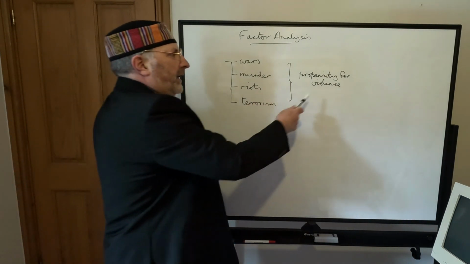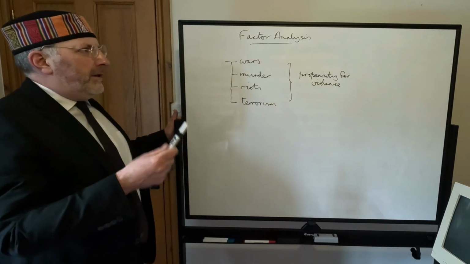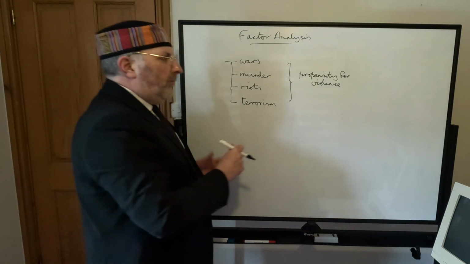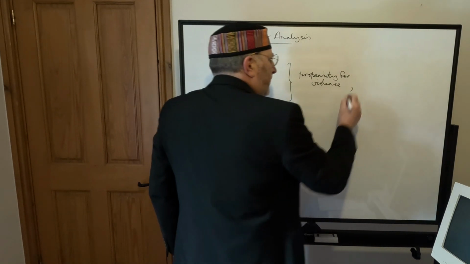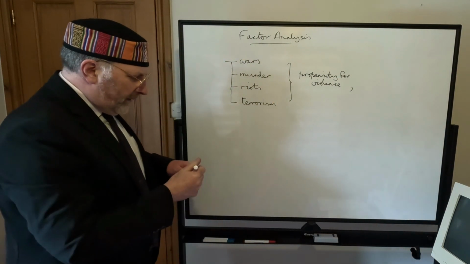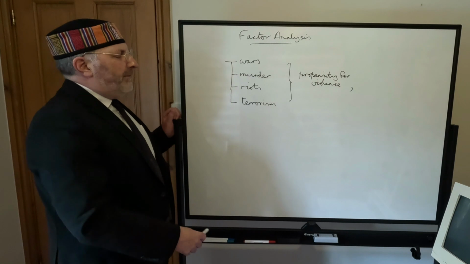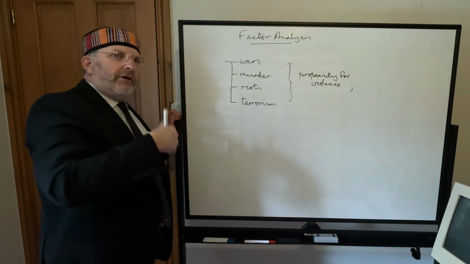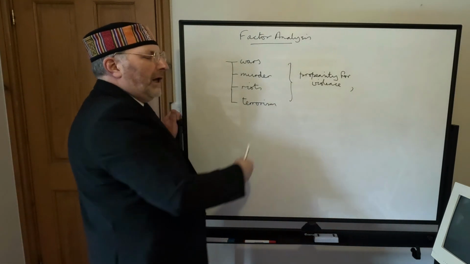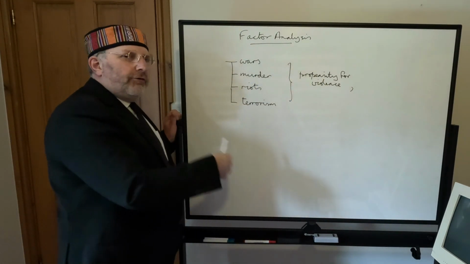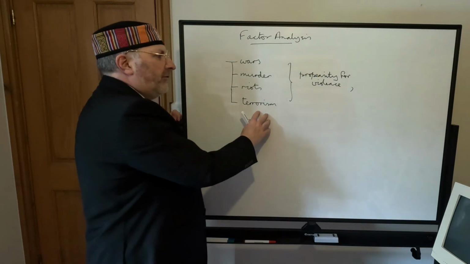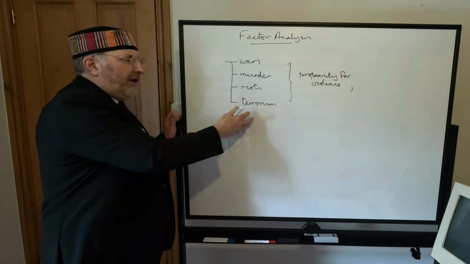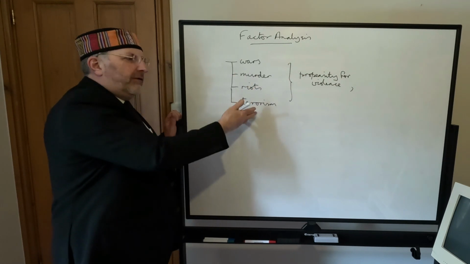Now, I'm talking here as though there's just one factor, but typically in factor analysis there'll be more than one factor. And in this case, we might find that when we look at our societies, although wars, murder, and riots tend to swing together, so that more warlike societies are also more murderous and more riotous, terrorism is different. Some warlike societies have low terrorism, and some warlike societies have high terrorism.